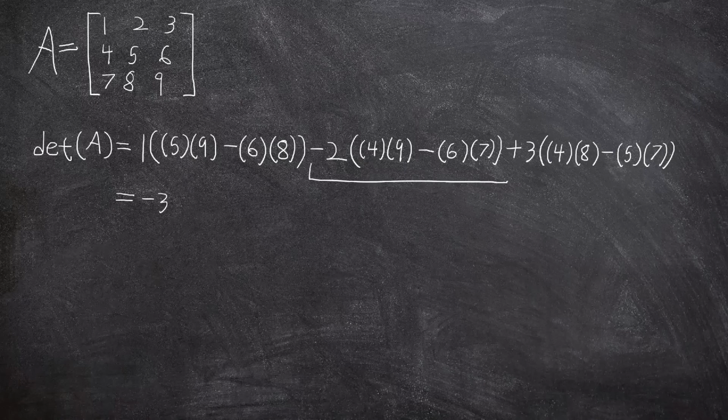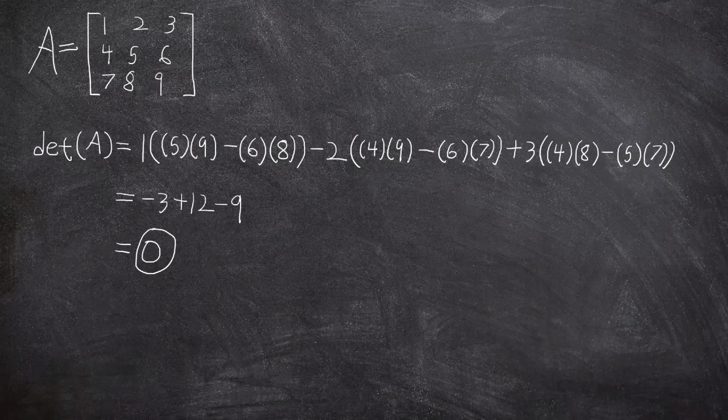This part evaluates to positive 12. And then finally, this part evaluates to negative 9. Negative 3 plus 12 is 9. 9 minus 9 is 0. So this will be the determinant of this 3 by 3 matrix.